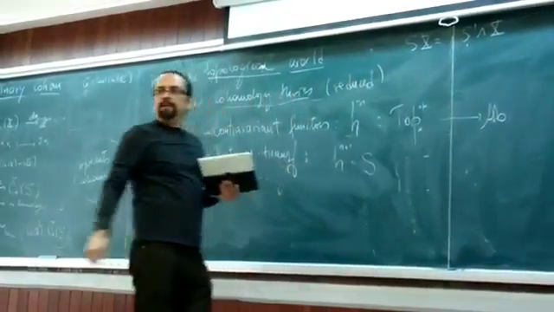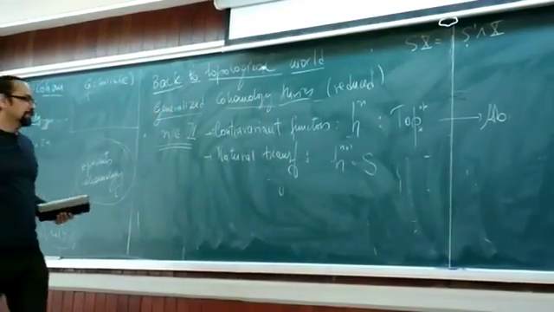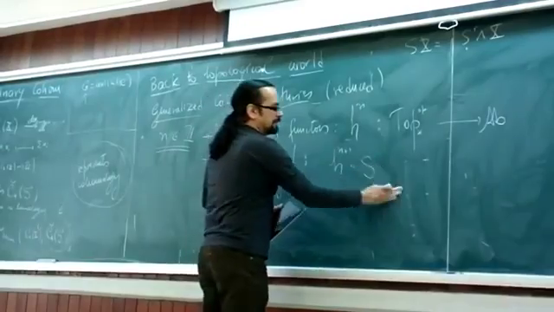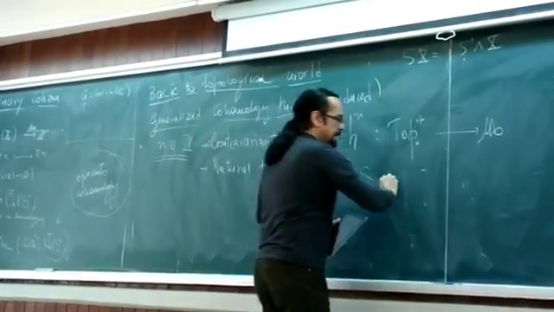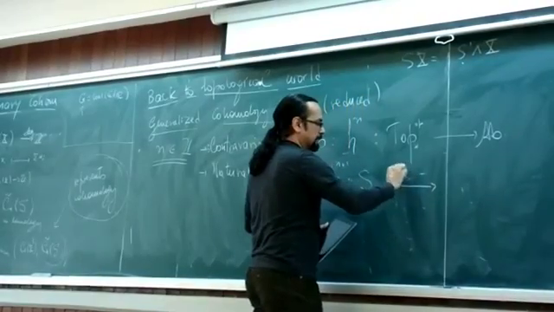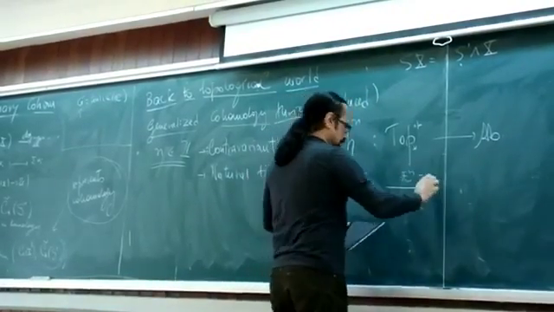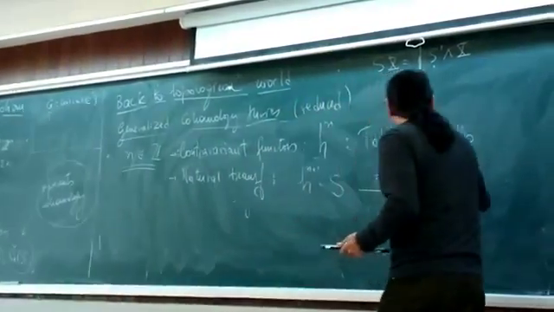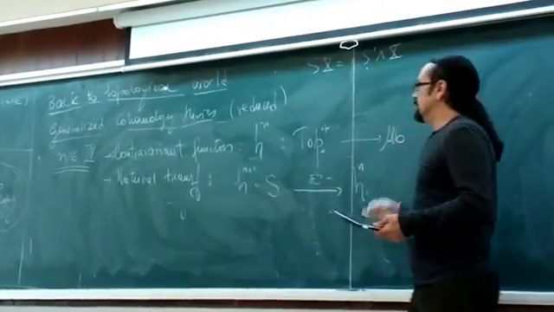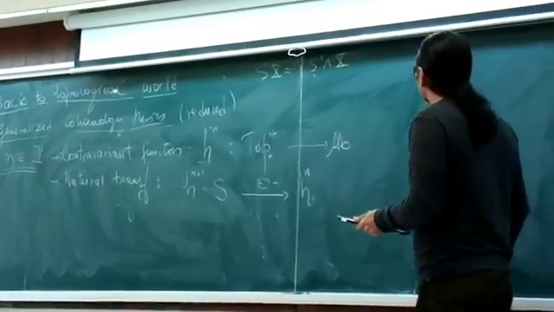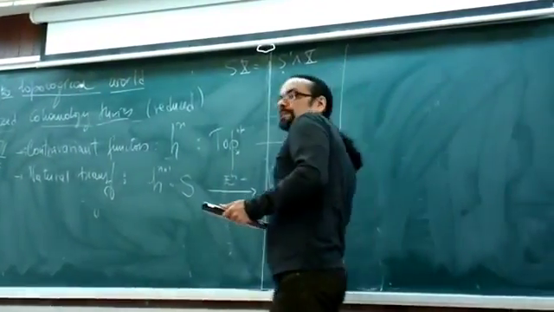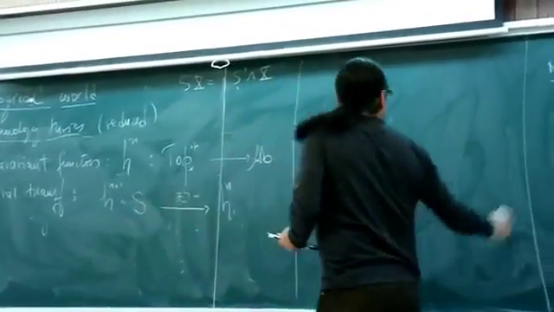Again, I'm placing special emphasis on the circle. So basically, say I take the n plus first cohomology of the suspension of a space, and I have a natural transformation from this to the n cohomology of the space. This is just representing suspension, and one of the axioms will be that this is an isomorphism for every space.